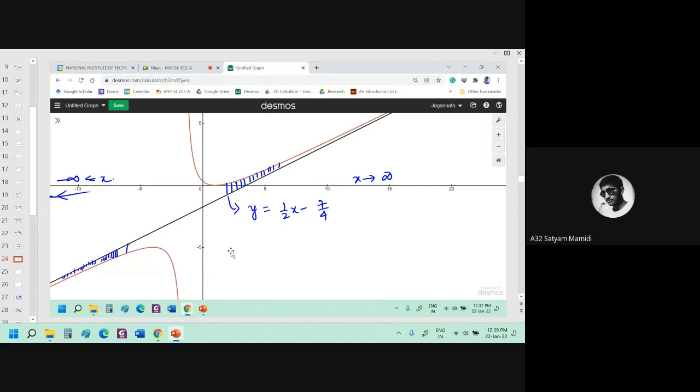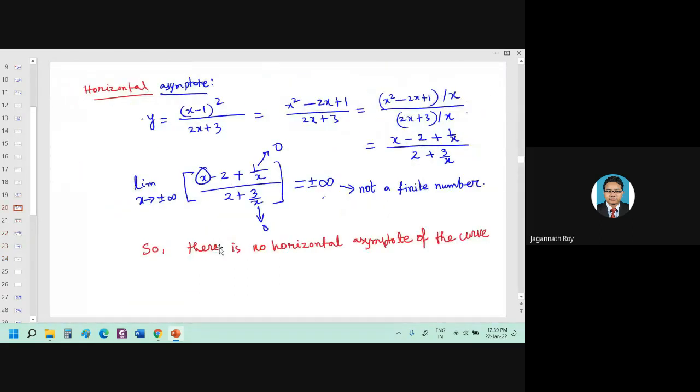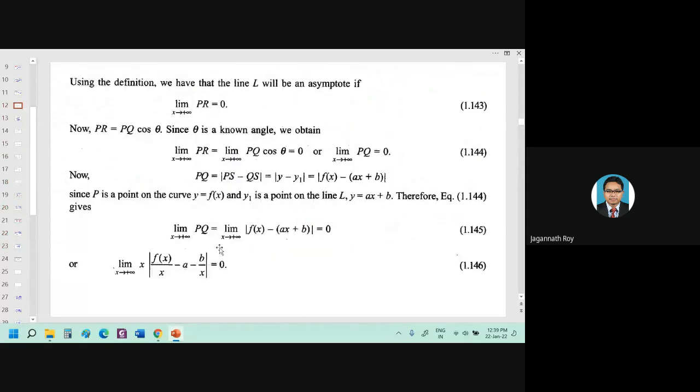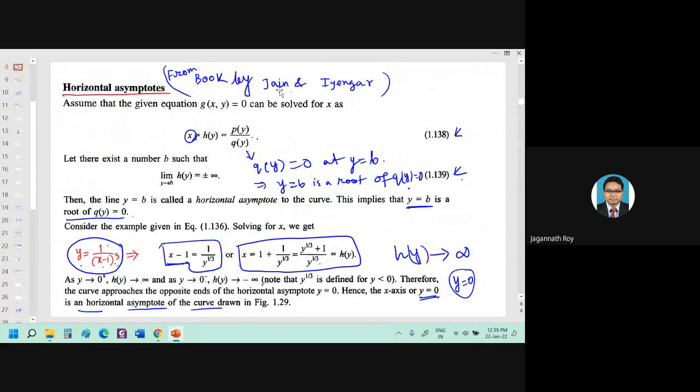Can you tell a book which has derivations of these slant asymptotes? Yeah, okay, these derivations I have included now. I have already mentioned that I will be discussing this topic from the Jain Iyengar book. Here it is.